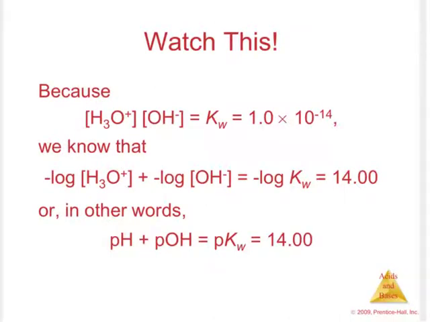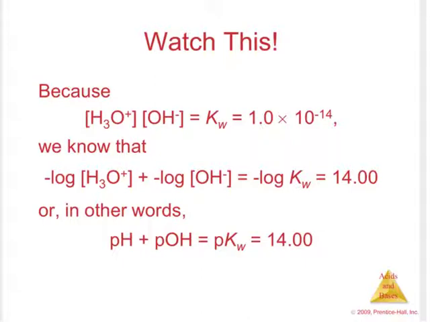And so we can take all of these relationships and put them together like this. If we know that the product of the concentration of hydrogen or hydronium ions and hydroxide ions, or the Kw, is equal to 1 times 10 to the negative 14th, and we know that the negative log of the hydronium ion concentration plus the negative log of the hydroxide ion concentration equals the negative log of the Kw, which is 14, then we could substitute: the pH plus the pOH is equal to the pKw, or 14.